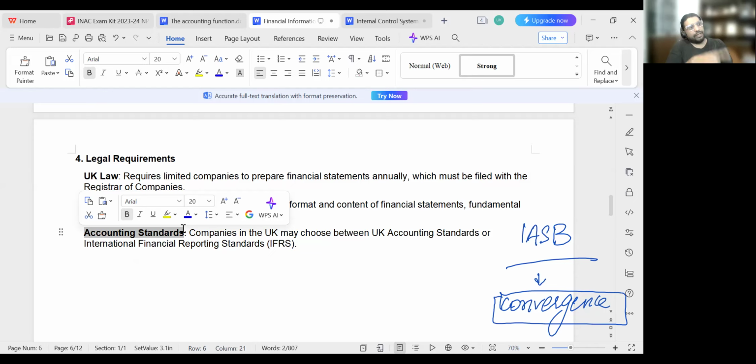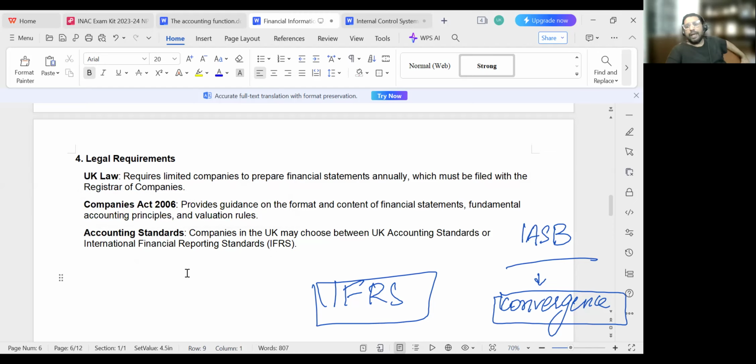What they're doing, one by one, is revising the standards, keeping different accounting bodies of different countries on board and bringing new accounting standards, which we call IFRS, International Financial Reporting Standards, right?